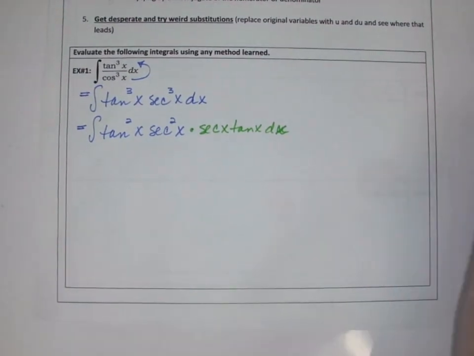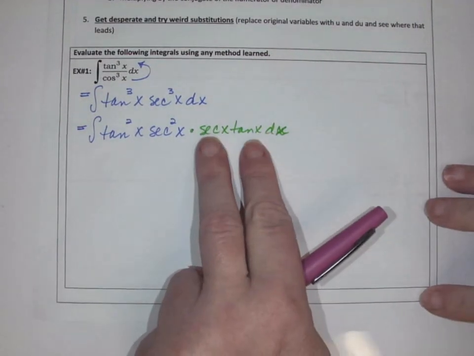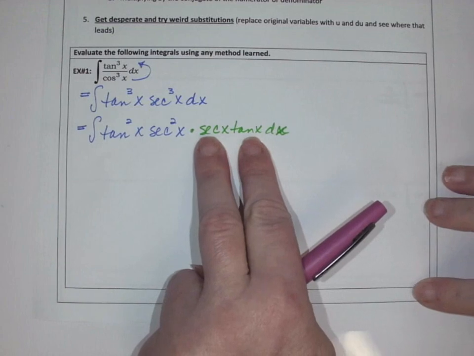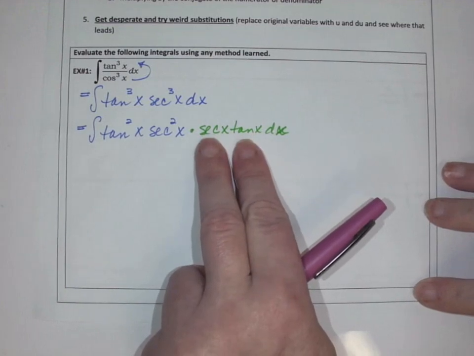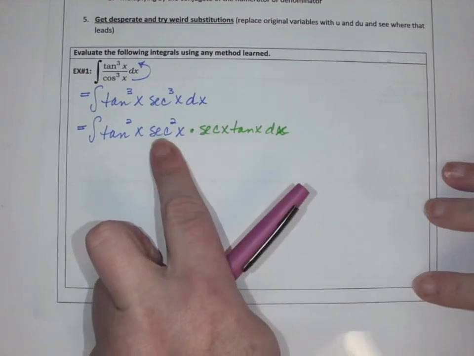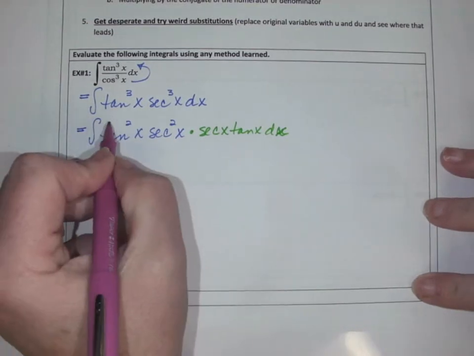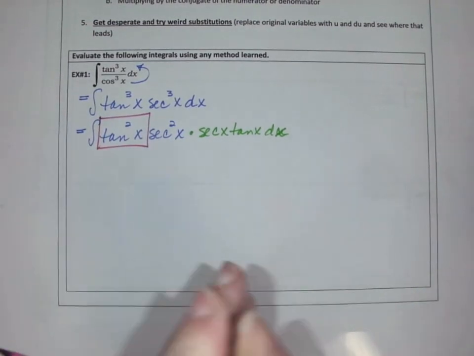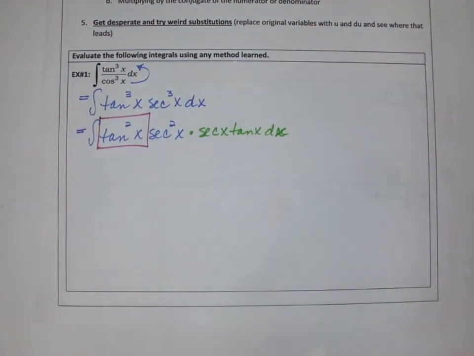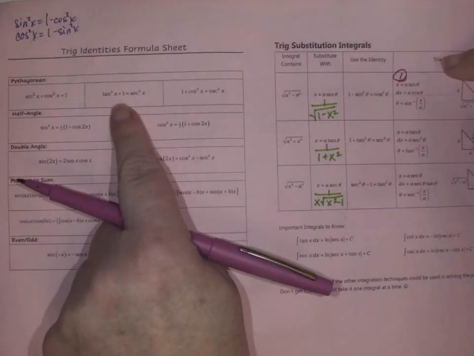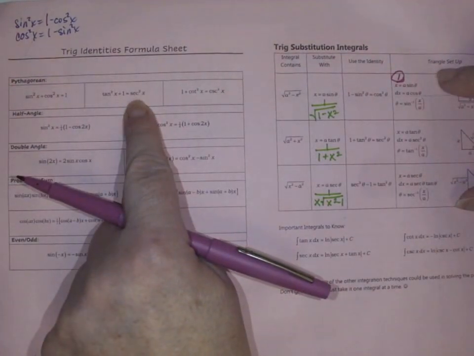Now, hopefully you've been able to identify which one to replace. So I look at this and I say, okay, if this is my du, then whose derivative is secant tangent? Well, that's secant's derivative. So secant is good. Tangent needs to be replaced. So I'm going to use my Pythagorean identities. And this one is tangent squared plus 1 equals secant squared.